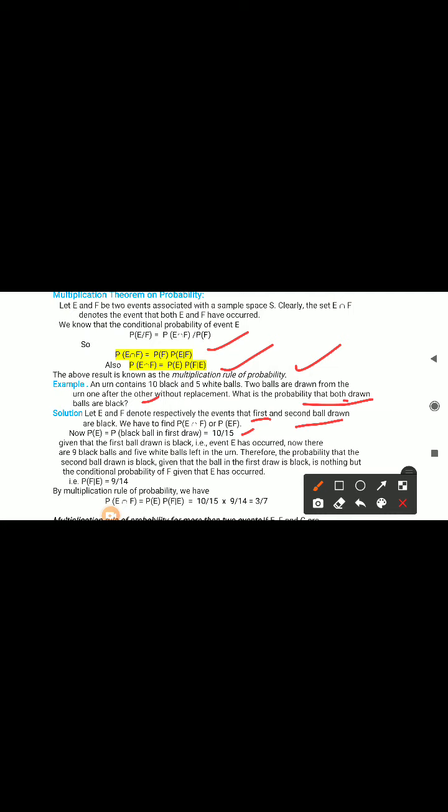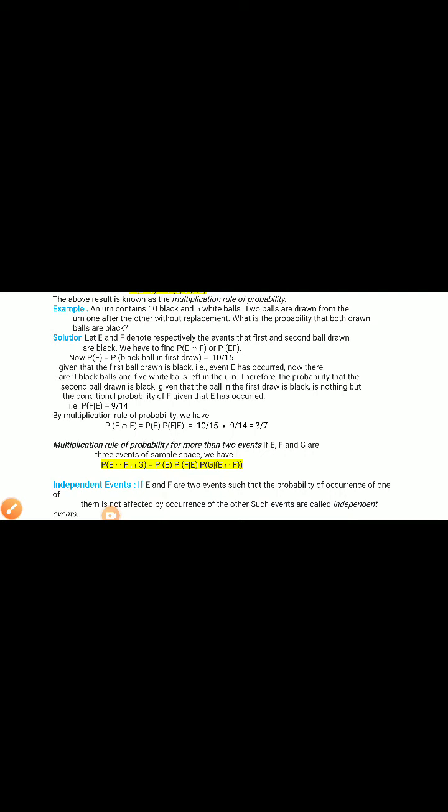Therefore, the probability that the second ball drawn is black is 9 upon 14. So one is direct probability, another one is conditional probability for the second event. Thus by the multiplication rule we can say P(E intersection F) is equal to P(E) into P(F oblique E). Thus we get 10 by 15 multiplied by 9 by 14, that will give you 3 by 7.